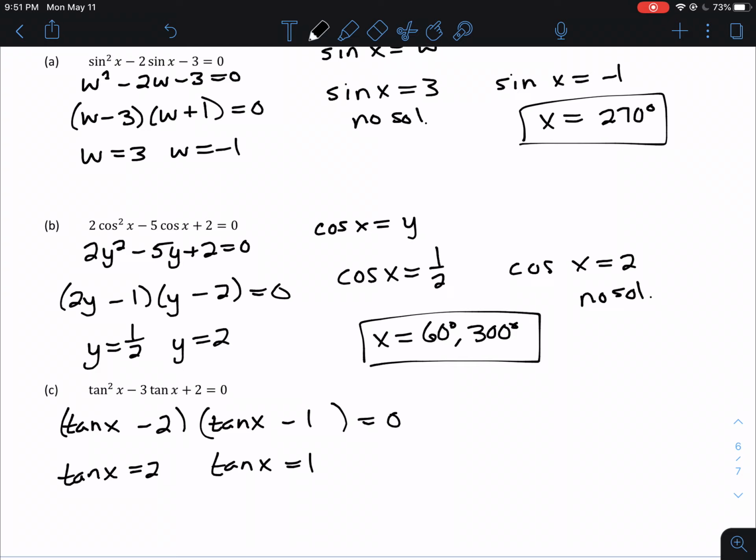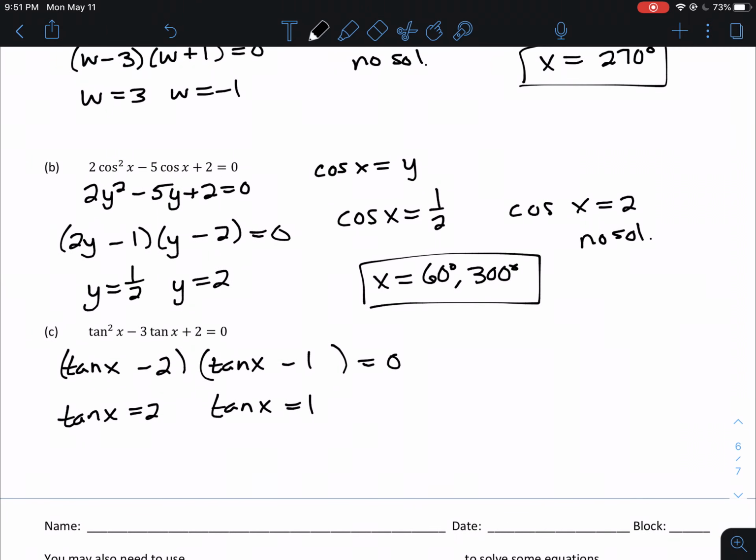In this case, tangent of x equals 2. We're going to actually end up with a solution. You can actually have a tangent be equal to 2. However, it's not going to be an exact solution on the unit circle. So it'll be the inverse tangent of 2 is equal to x. That actually will be a solution. You could find a decimal for that if you wanted to.